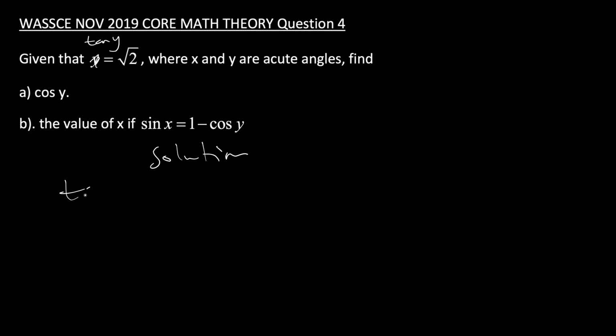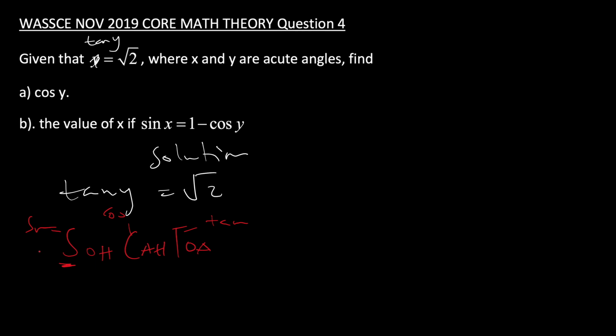We are saying that tan y is equal to square root of 2. I guess we've all heard SOHCAHTOA. For those of us who do not know SOHCAHTOA, S is for sine, CAH, which starts with C, is for cos, and TOA, which starts with T, is for tan.